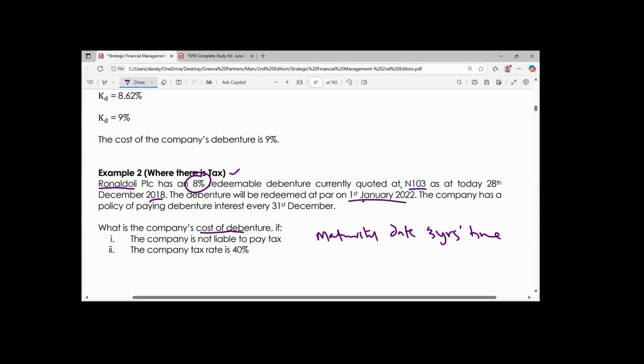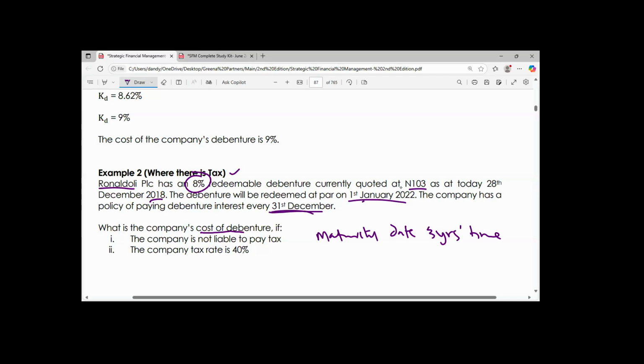You need to ask yourself, has the company paid debenture interest or not? The examiner told you in the question that the company has a policy of paying debenture interest every 31st of December. Today is 28th of December, so 31st of December has not reached. That means the interest has not been paid.